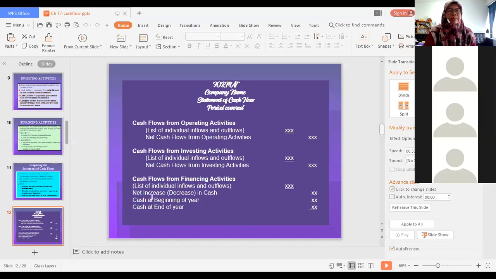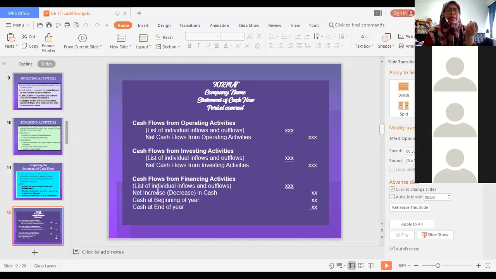Proceeds from long term loan, you get more loan. You can write here, get more loan or apply some more loan, and then positive amount. You get the loan, you get the money, but your liability increases. But this is about the cash account actually, the cash and cash equivalent account. So what happened to the cash only here?